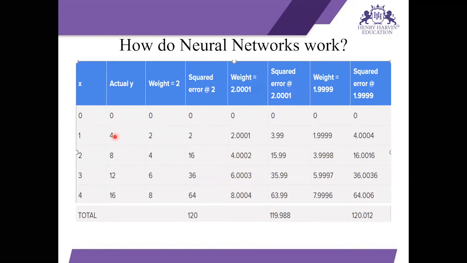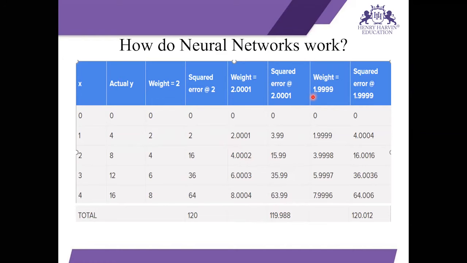So 4 minus 2.0001 the whole square gives you 3.99, and 8 minus 4.0002 the whole square gives you 15.99, and so on. Now the squared error, or the loss, is equal to 119.988.